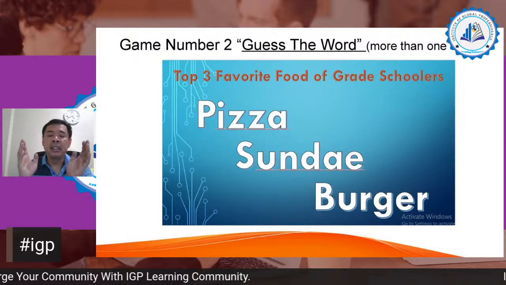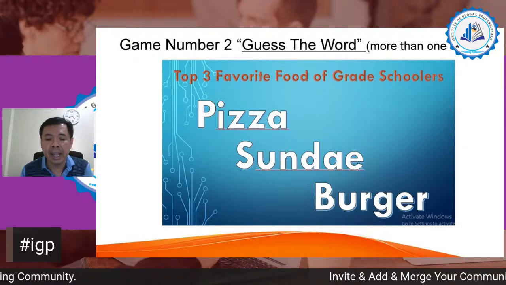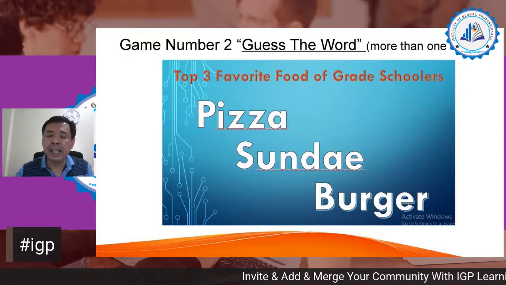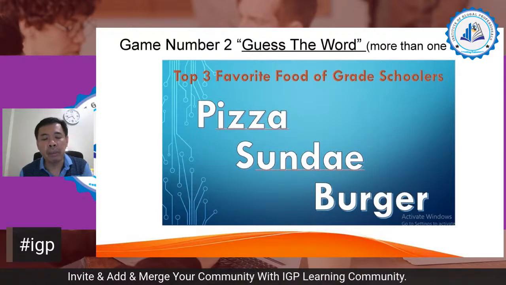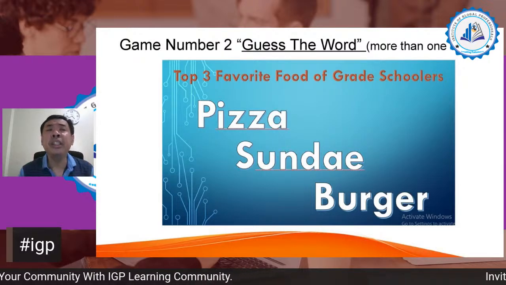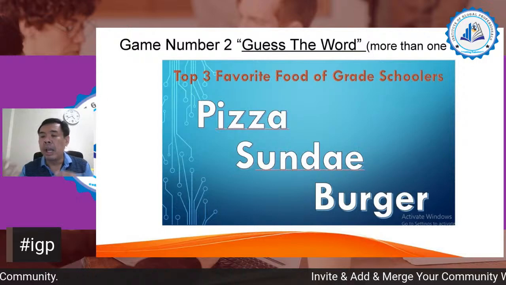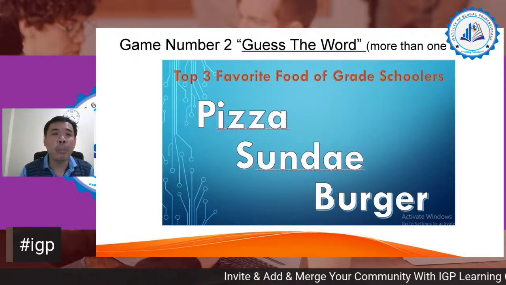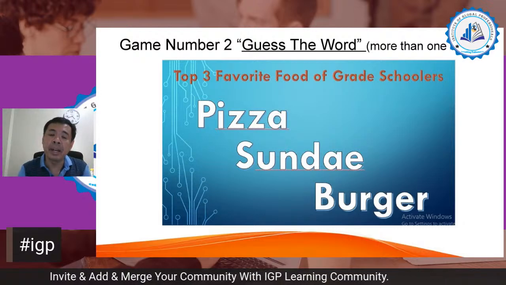If the student guesses the word burger first, before pizza and sundae, he or she just clicks the letter B and the word burger will show up. So we still use the animation, we still use the wipe, and we still use this effect option from right to left.